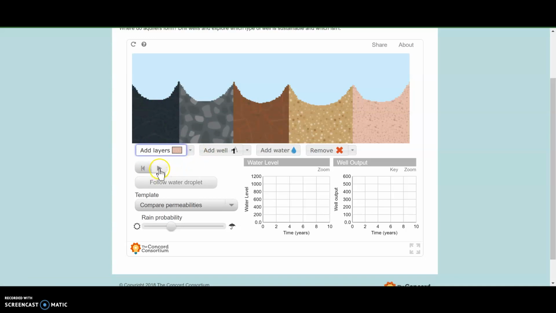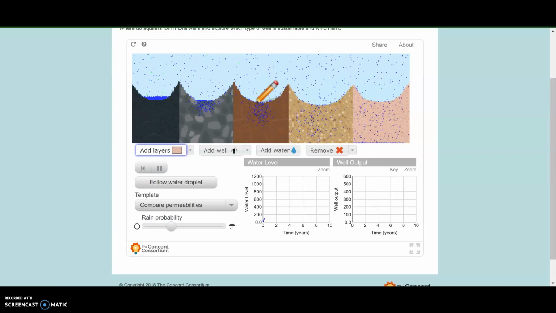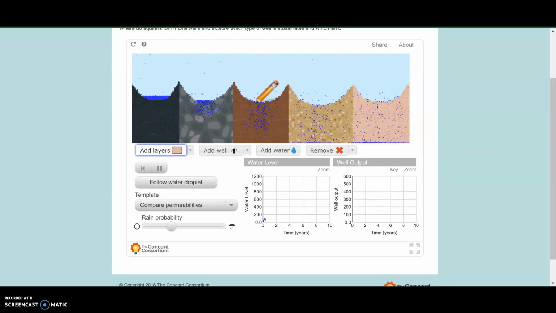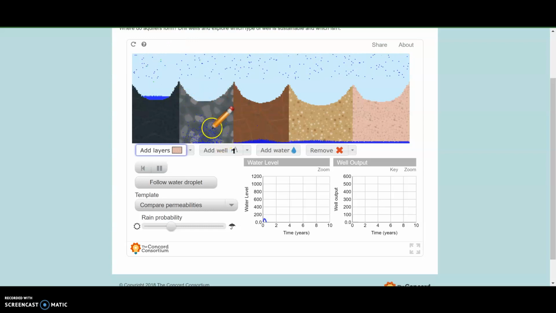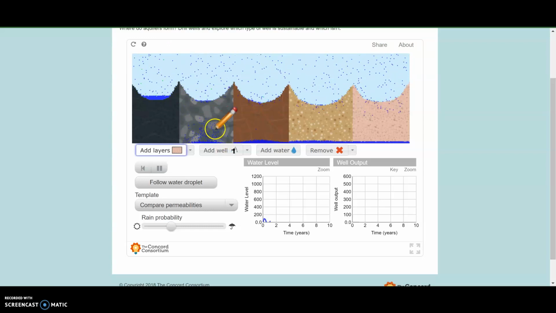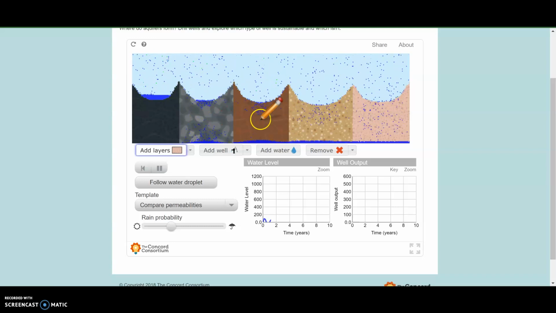So now we're going to go ahead and hit play, and it's going to rain. What you're looking at is how easy it is for the water to go through these layers. You can see that water sits on top of asphalt, and then that green is showing how it's evaporating. It takes its time going through the gravel.